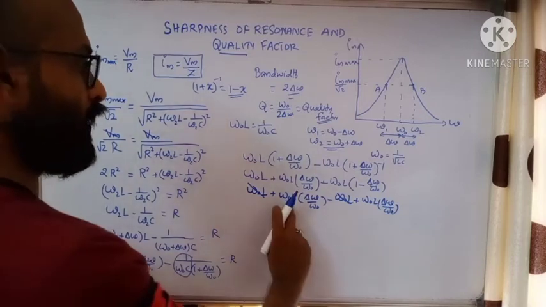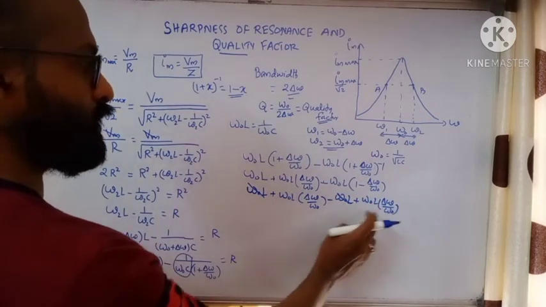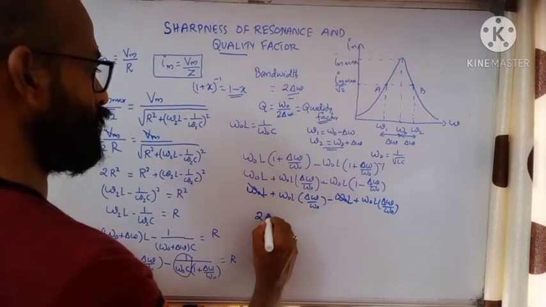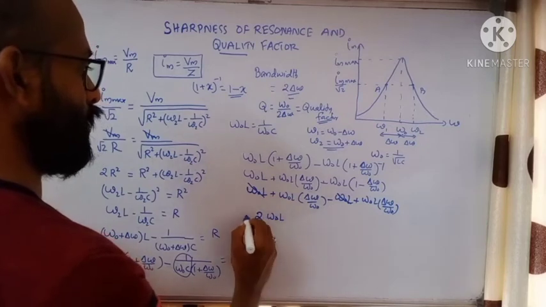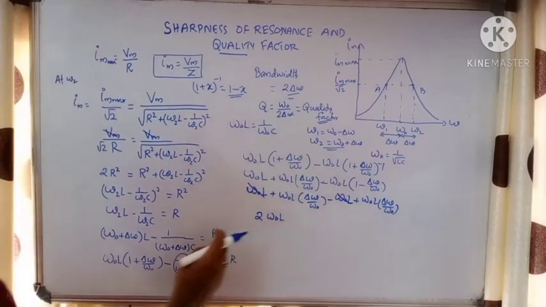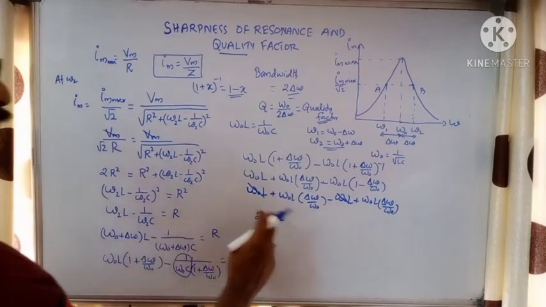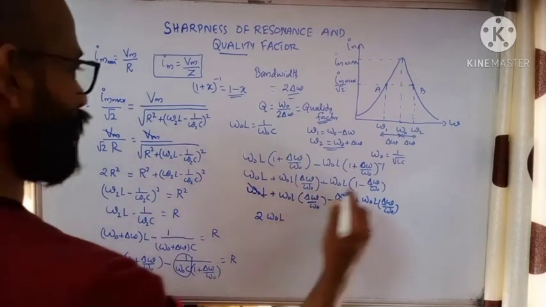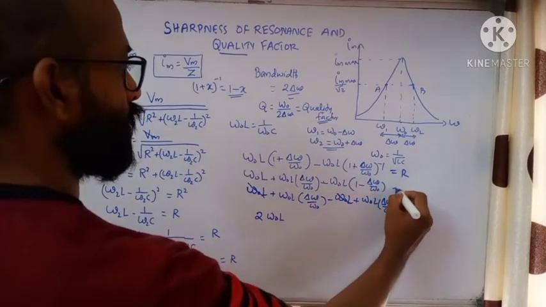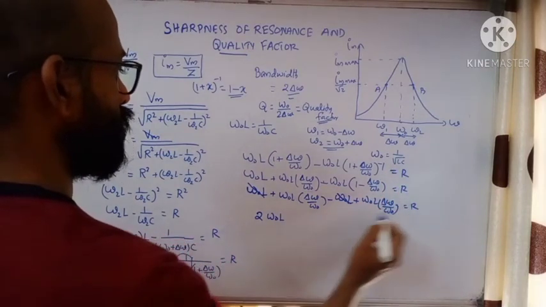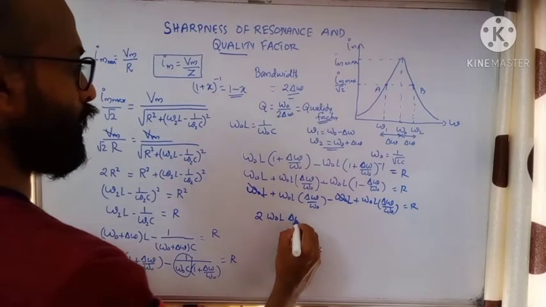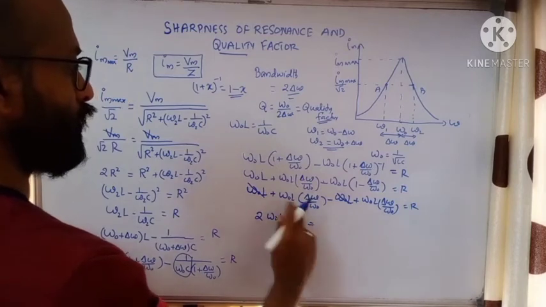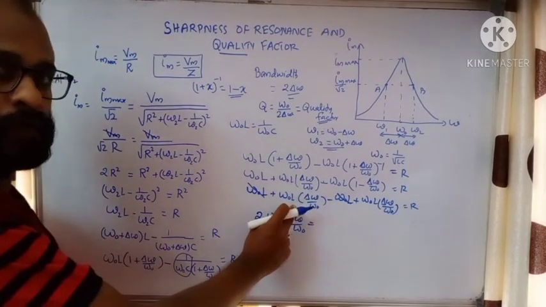When we add these two similar terms, we will get 2 times. Actually, on the left we have this, and the right side is R. I just forgot to write the right side. It is R on the right side. So you get 2 omega 0 L delta omega by omega 0, 2 times because both are identical positive terms.